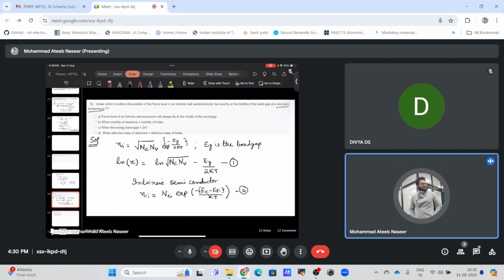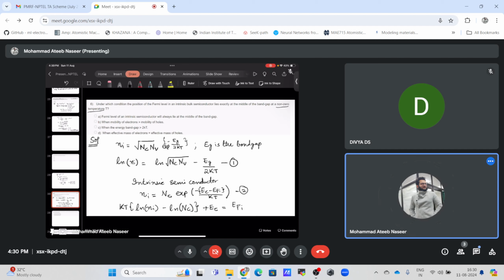If we take the ln of this expression, it will be ln of Ni minus ln of Nc, multiplied by kT, plus Ec is EFi.